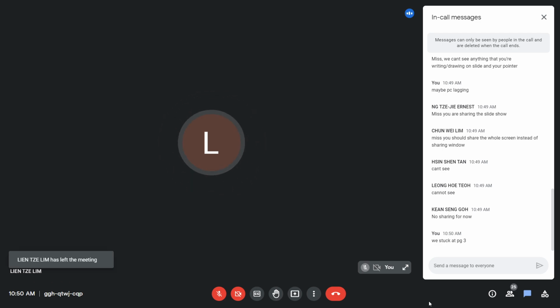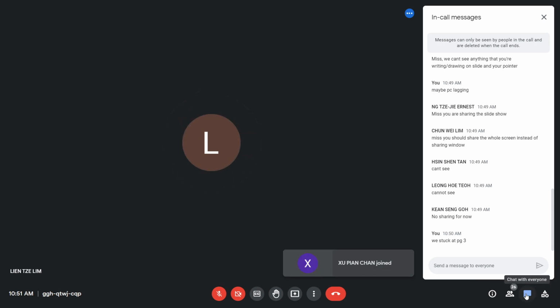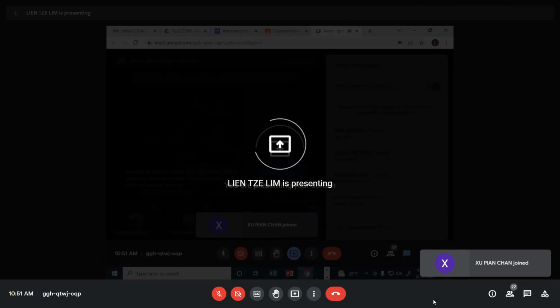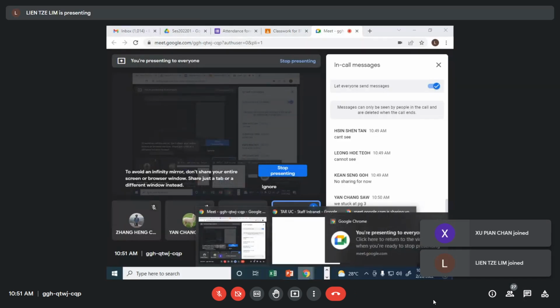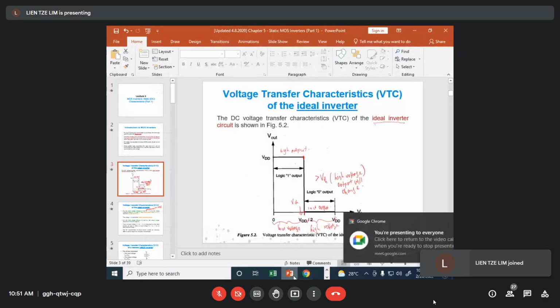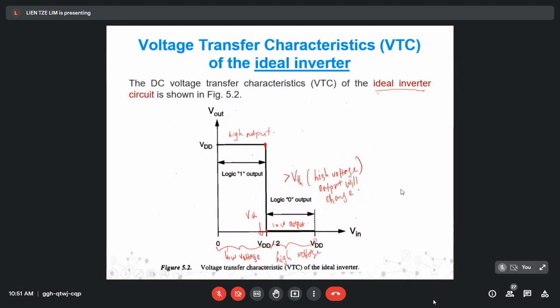Sorry about that, I am testing something. I will reshare again. This is page 3.